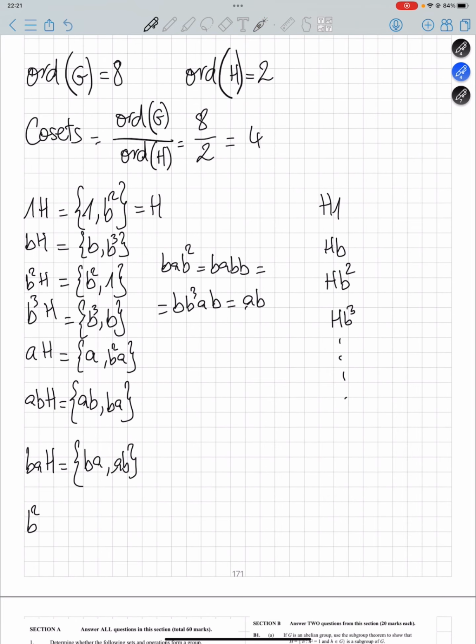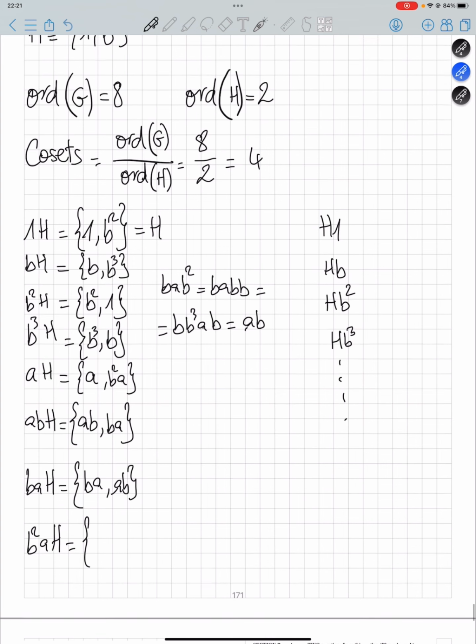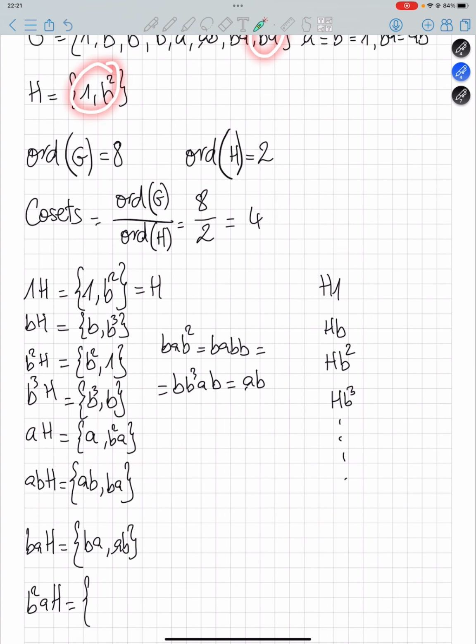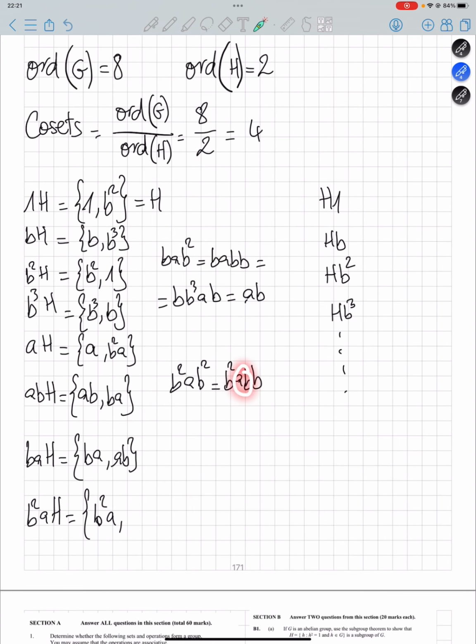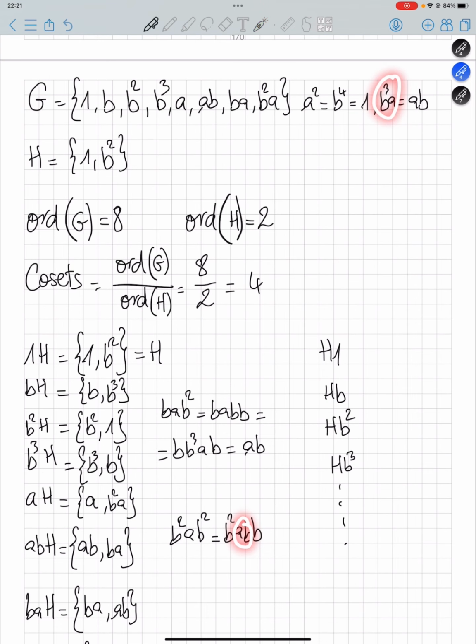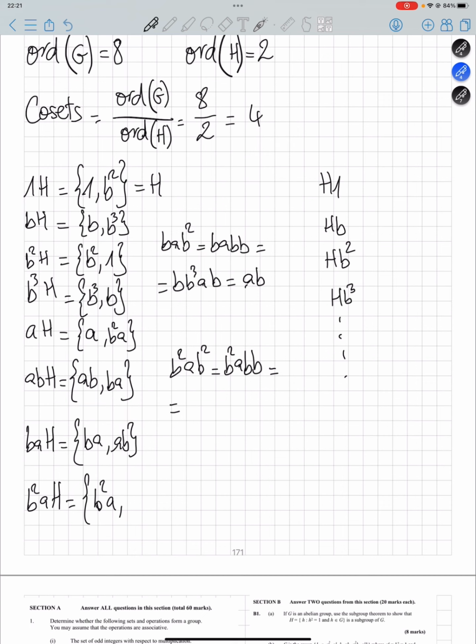So we have B square A composed with H. B square A composed with identity is B square A. Now B square A composed with B square is B square A B B. Now this AB in the middle is B cubed A, so we have B square, then in the middle B cubed A, then B.